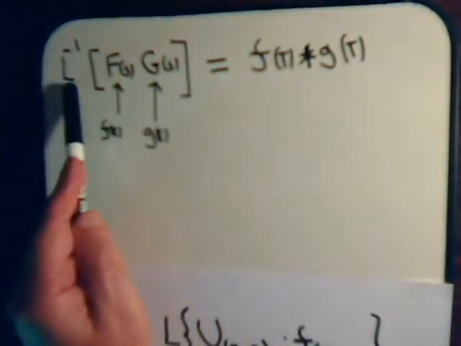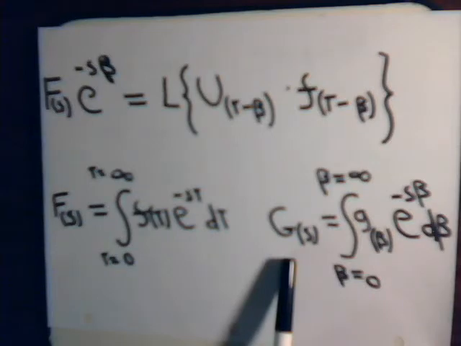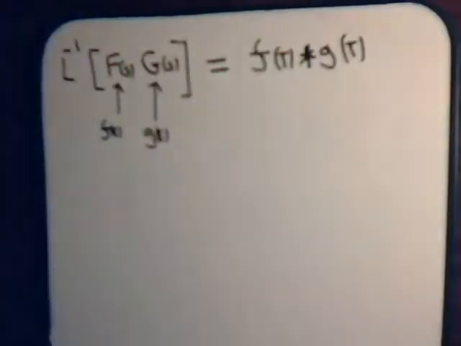So what we're going to do is start off by multiplying F of s times G of s. So we have F of s times G of s. What does this equal?